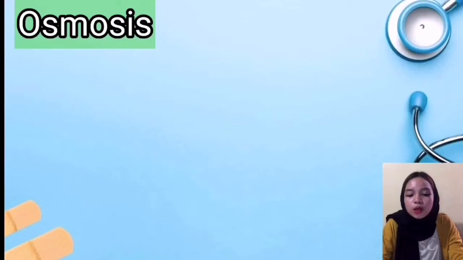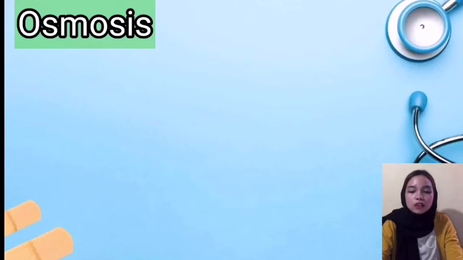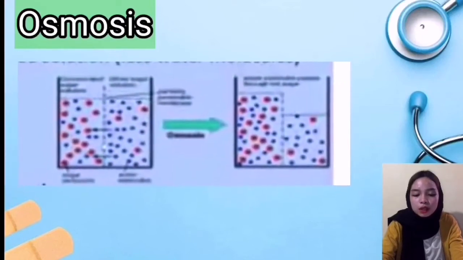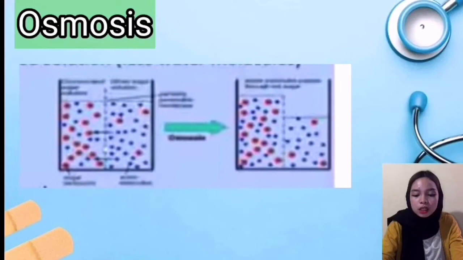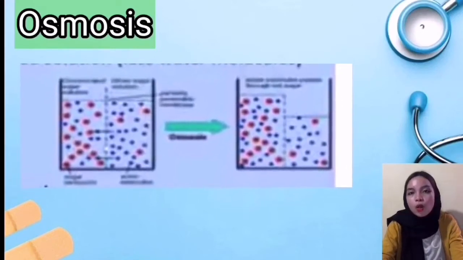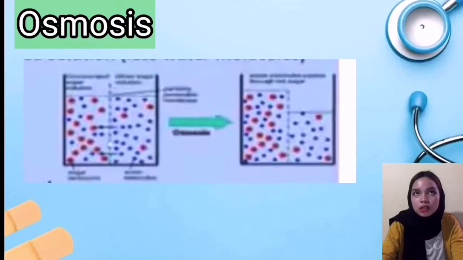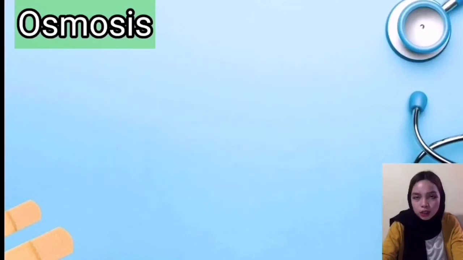The water molecules are small enough to pass through, but the sugar molecules are too big. So the dilute side, which had more water molecules to begin with, is going to decrease. You always go from the region where there is more water to a region with less water.